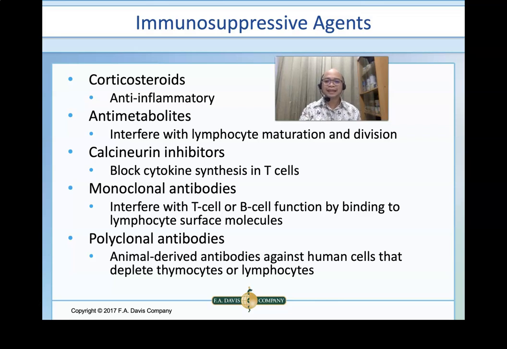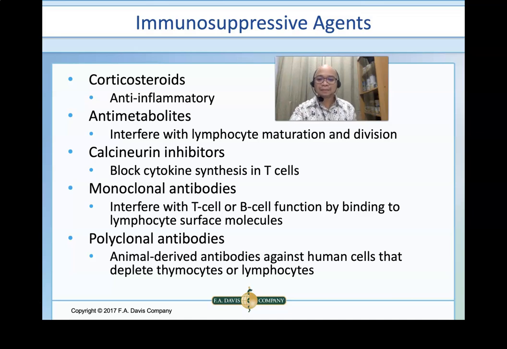Monoclonal antibodies may also be utilized. They interfere with T cell or B cell function by binding to lymphocyte surface molecules. Examples are basiliximab and daclizumab. Both of these bind to CD25, so these are the two anti-CD25 antibodies, which is important for T cell and B cell function.